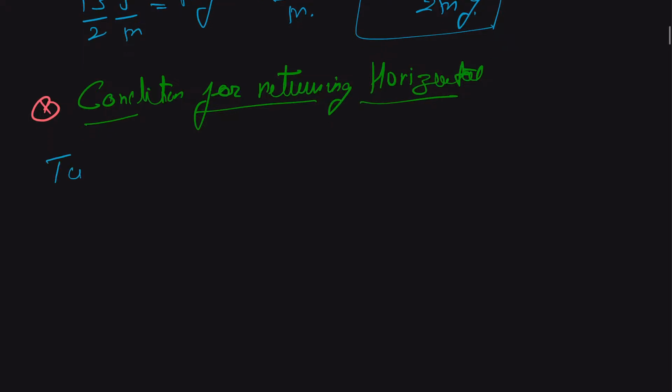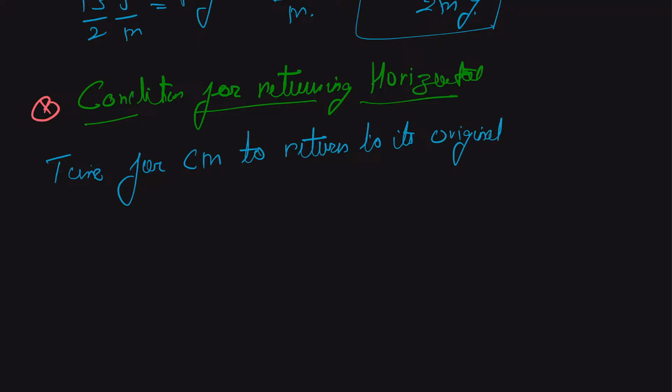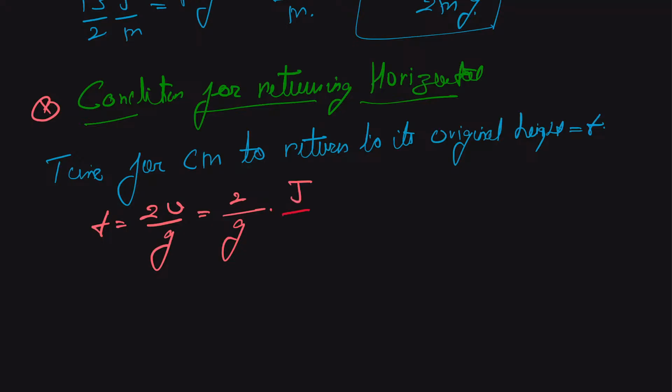Therefore, the time for the center of mass to return to its original height, that is t, we can straightforwardly write as t equal to twice v divided by g, and v we already know, so this comes as 2 by g, and v is J upon m.